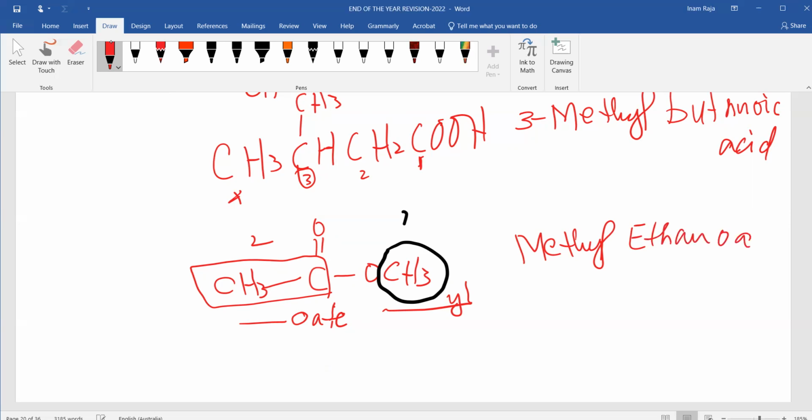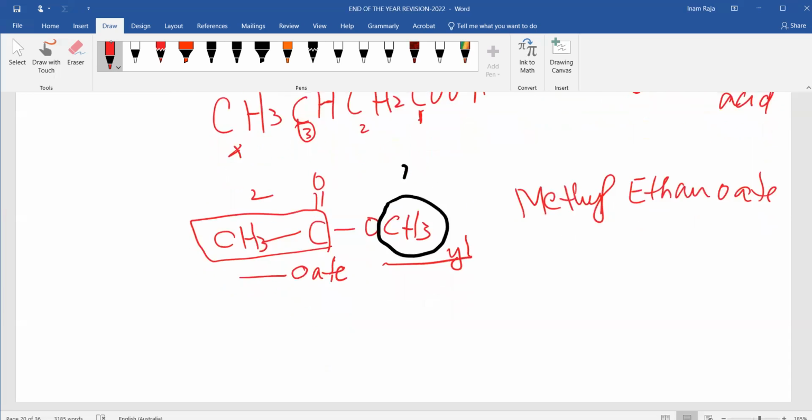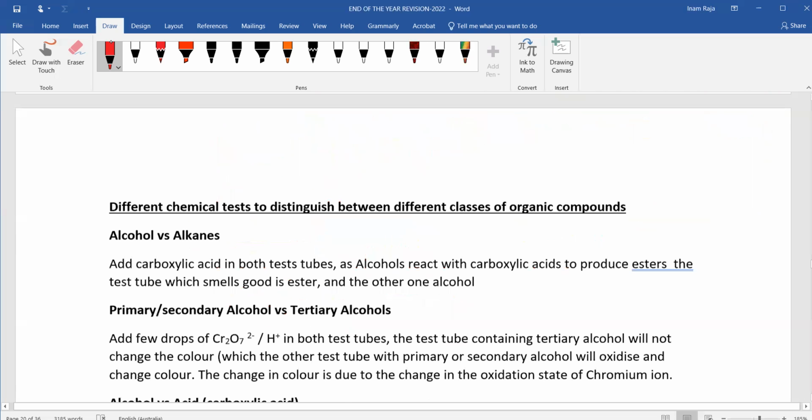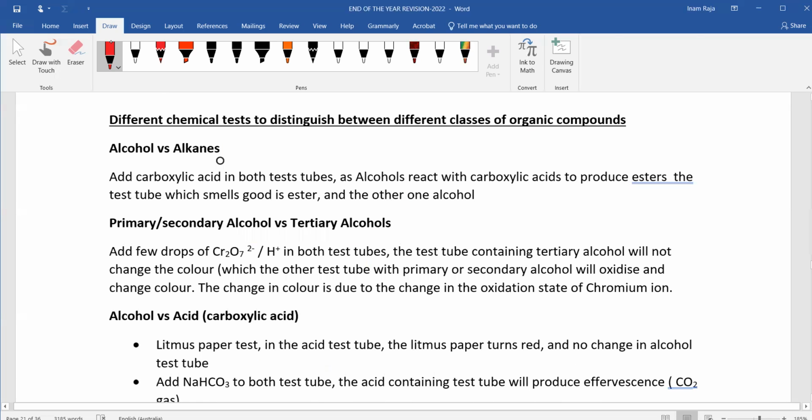Alright, again this is a quick revision for your naming. You need to do a lot of practice. Now after that, they often ask you to differentiate between different classes of organic compounds, and how can you do that?